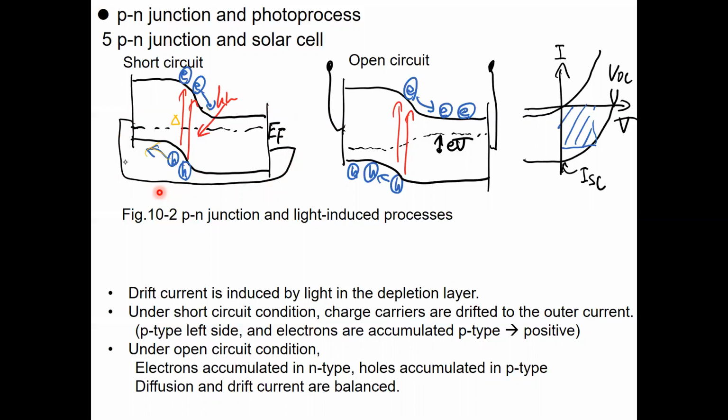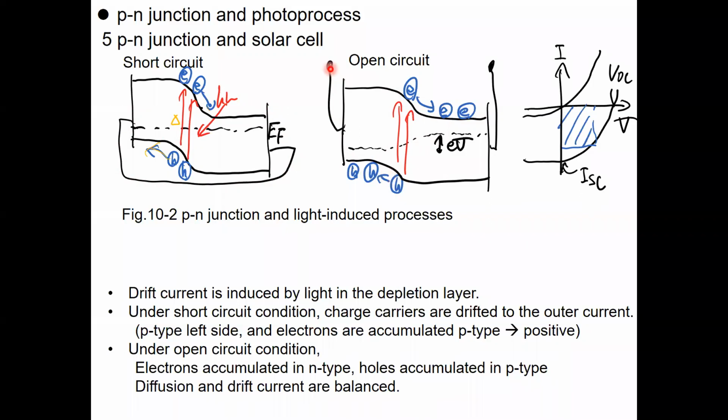And if this wire is disconnected like this, in this case, when the light is illuminated, again the electrons and holes are generated, and electrons move towards the N-type, holes move towards the P-type.